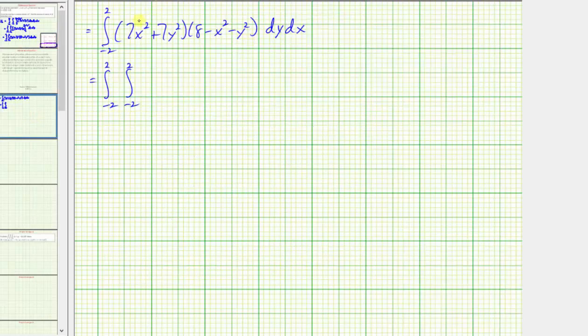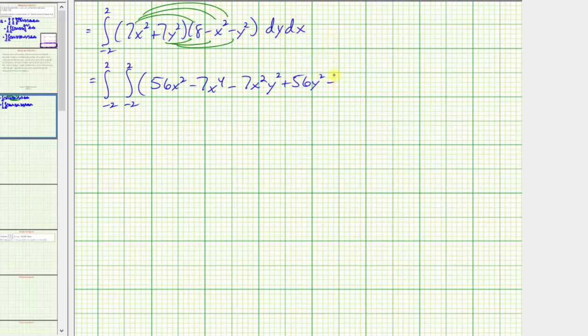So here we're going to have a total of 6 products. 1, 2, 3, 4, 5, 6. So we'll have 56x squared minus 7x to the fourth minus 7x squared y squared, and then plus 56y squared minus 7x squared y squared minus 7y to the fourth.